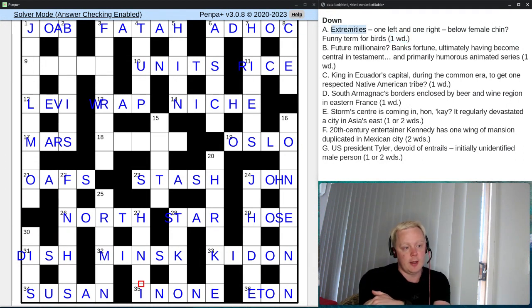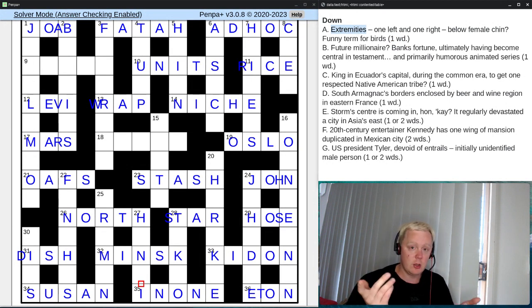Extremities, like we saw in one of the acrosses, can be the first and last letter. It's not in this case, but it could be. One left and one right can mean a similar thing. So we can take one leftmost letter and rightmost letter of the word extremities.